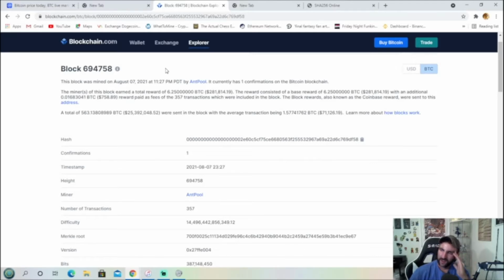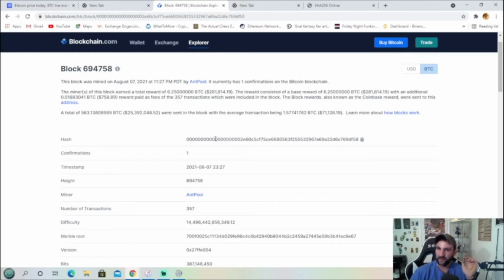I don't know. Anyway, it does 6 billion hashes a second, that Ghostbusters trap that I have. So it's trying 6 billion numbers to try to find a hash with a number that's less than the difficulty target.